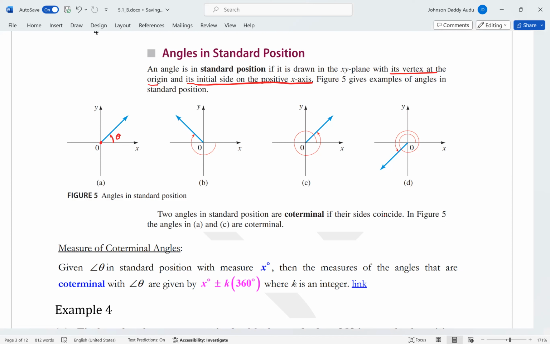But here you can see this C, we started from the positive x-axis, but we went around, then we touched the blue line. So you can see it's like more than one complete circle, right? But it's still in standard position because you started from the positive x-axis, and the vertex is at the origin.